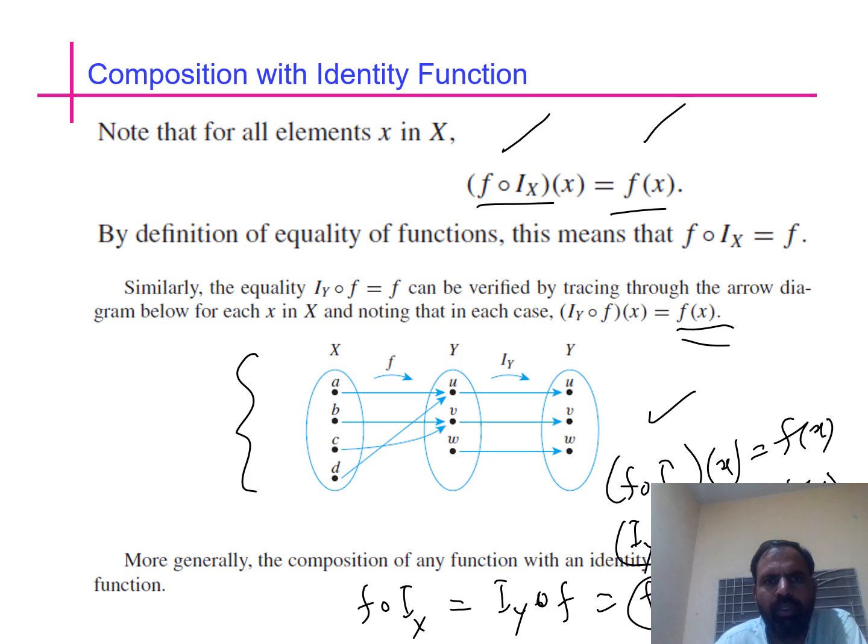Note that in the previous slide, for all elements x in X, f circle I_X of x is equal to f of x, so it is simply f of x. By the definition of equality of functions, this means that f circle I_X is equal to f.